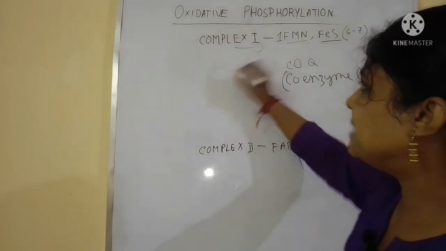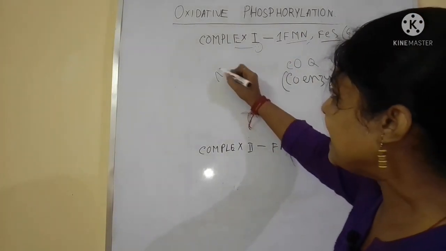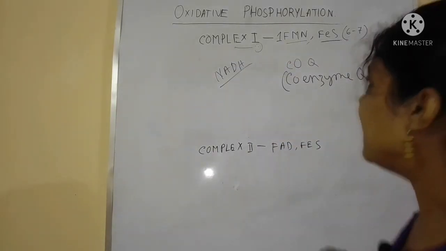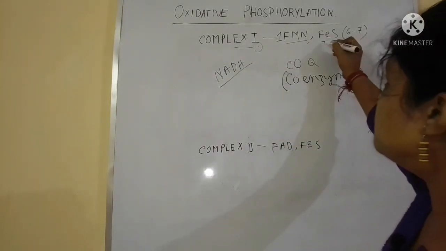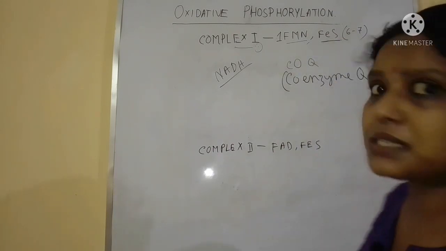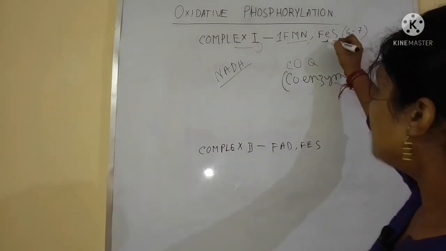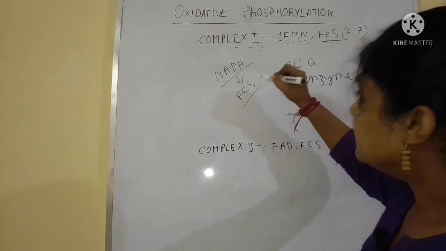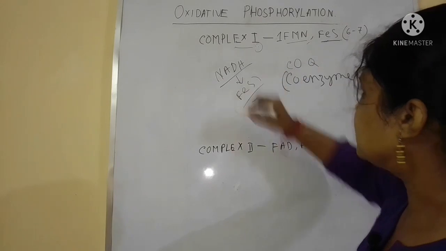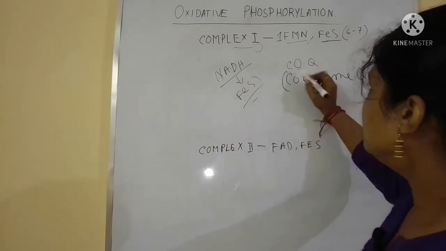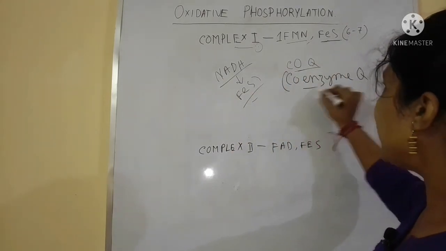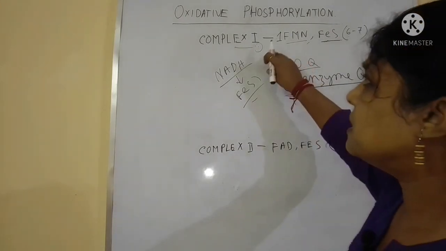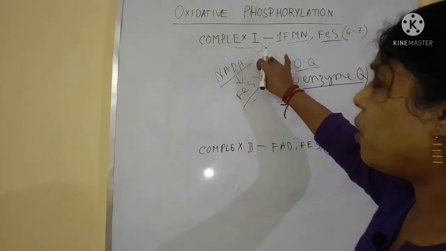Complex 1 transfers electrons from NADH, first of all, to the iron sulfur cluster, FeS. Then from this FeS, it transfers the electrons to CoQ, coenzyme Q. Clear? So this is the role of complex 1.